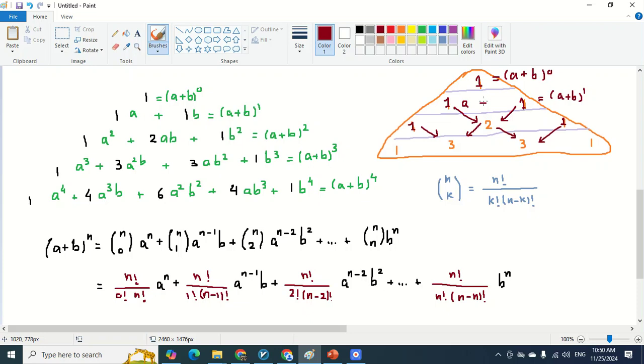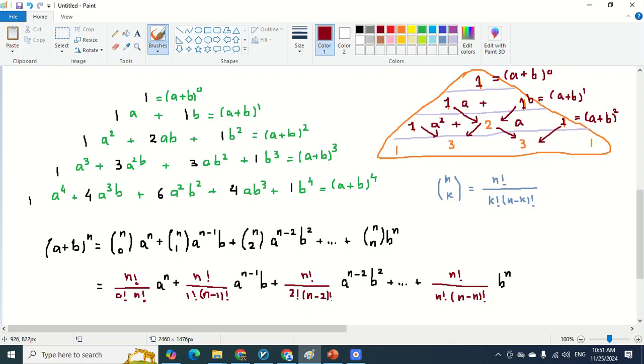If we have (a + b) to the power of 1, then the result will be 1 times a plus 1 times b. For the next one, (a + b) squared, like the case we talked about at the top, it will be 1 times a squared. Then you reduce the exponent of a by one, so it will be 2 times a.